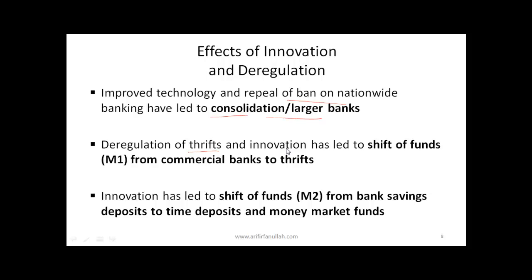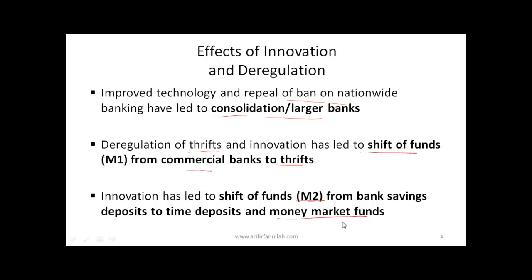Deregulation of thrifts and innovations has led to the shift of funds from commercial banks to thrifts. So in essence, what has been happening is that the thrifts that I mentioned earlier are becoming more and more like regular banks. Innovation has also led to a shift of funds, or M2, from bank savings to time deposits and money markets.